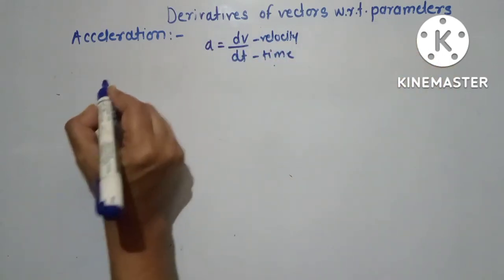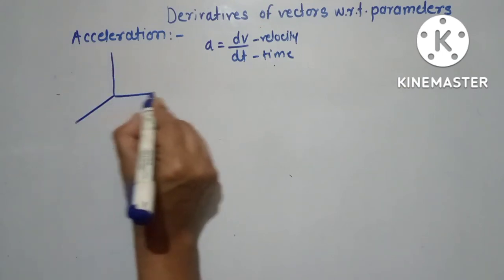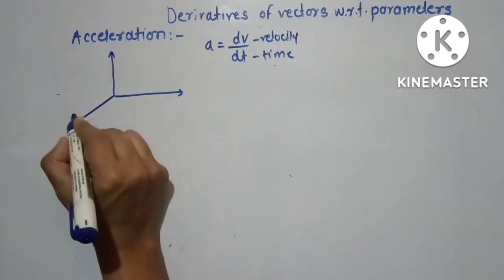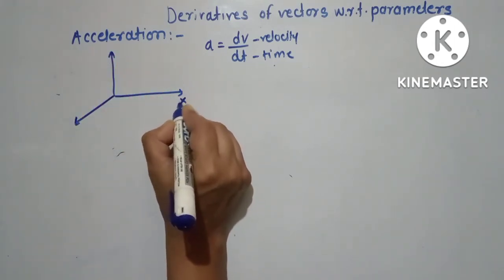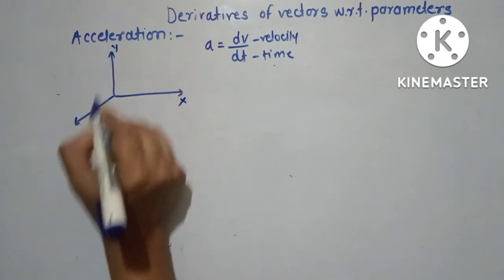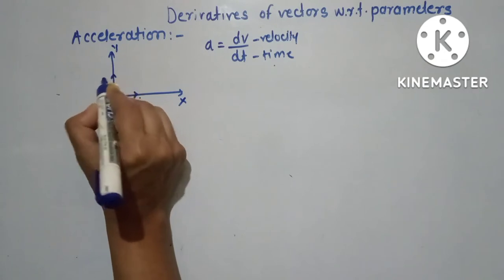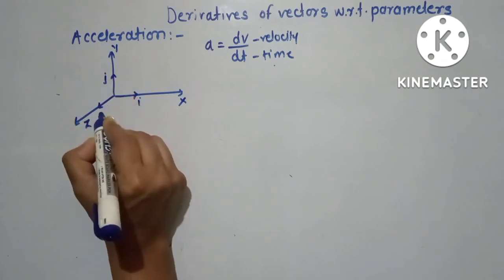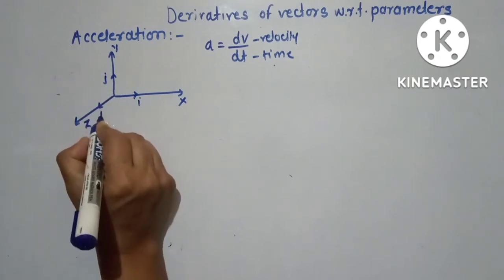Now we can write the vector in a three-dimensional coordinate system. Suppose this is the x-axis, this is the y-axis, and this is the z-axis, and these are the unit vectors along the x, y, and z directions, which are i, j, and k.